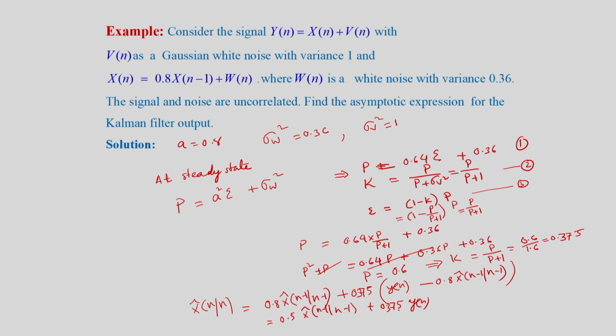So, this is the asymptotic equation for the Kalman filter output, that estimator is given by this expression. This is 0.5 times the previous value of the estimator plus 0.375 into current data.